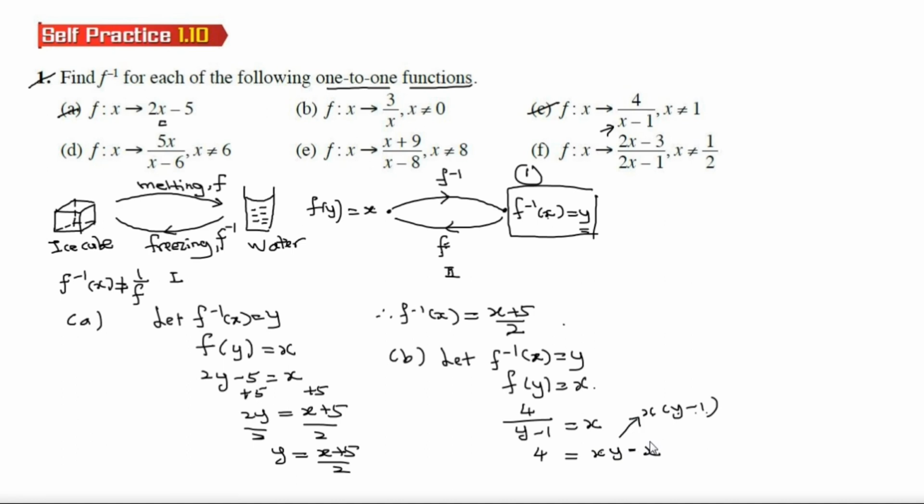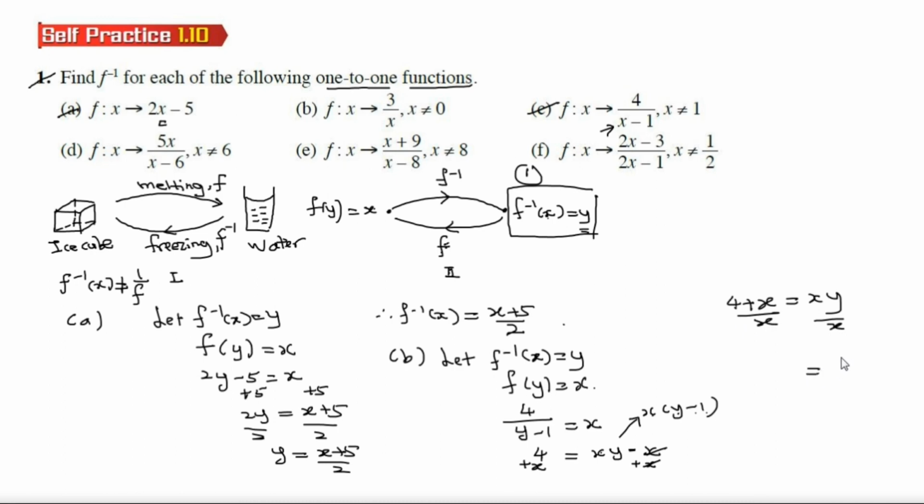Then we try to isolate y. 我们这个时候呢，要孤立这个 y. We let y stand alone on one side. 我们把 y 呢放在右手边或者左手边都可以。So what we do, we plus x to both sides. So we'll have 4 plus x equals xy. Then make y the subject. We divide all by x.